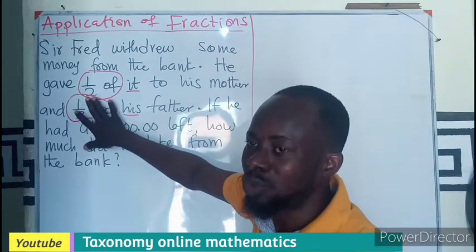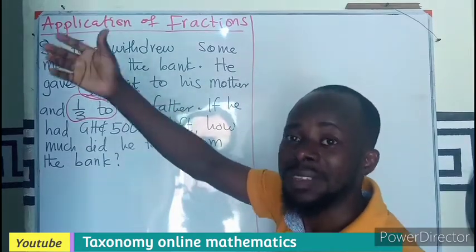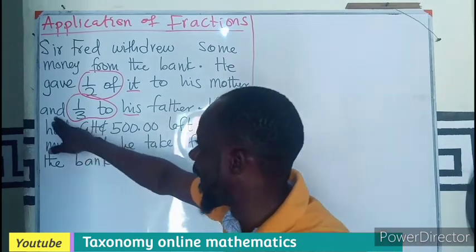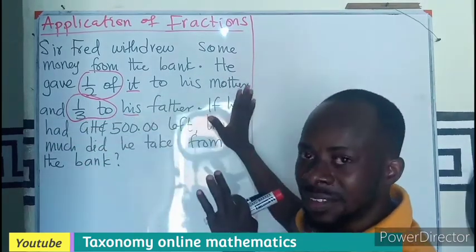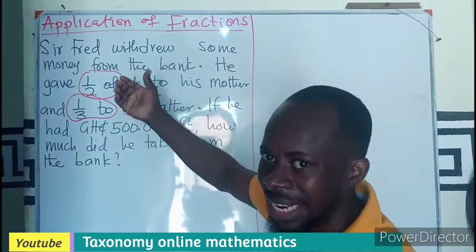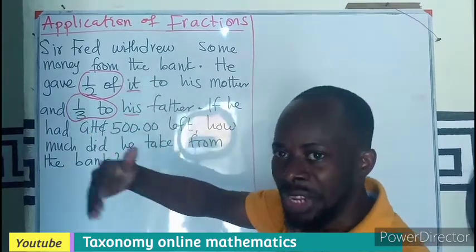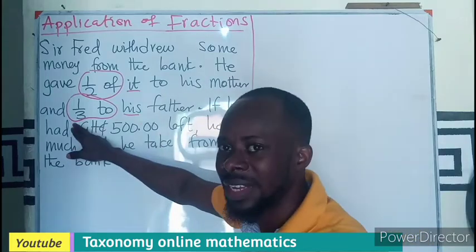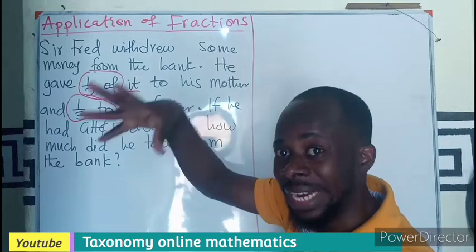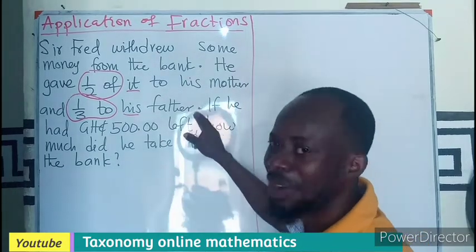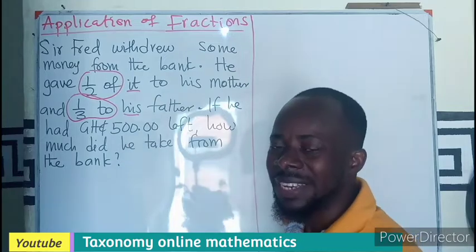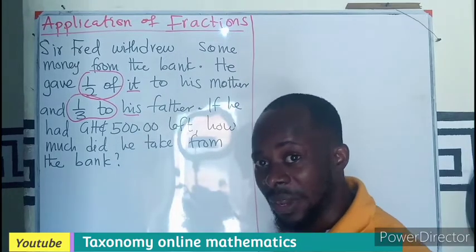He divided the money into 3 parts, not the remainder of the money, because they said he gave 1/3 to his father. So not 1/3 of the remainder, but 1/3 of the money. Meaning the money is divided into 3 parts, and he gave one out of 3 parts to the father. After doing all those things, he still had 500 cedis left as a remainder for himself.